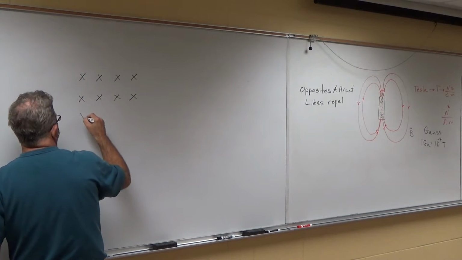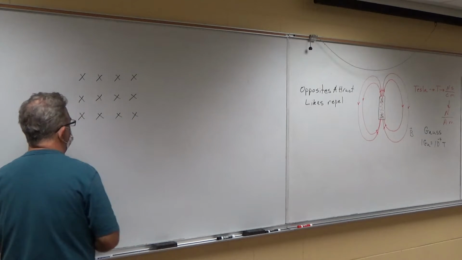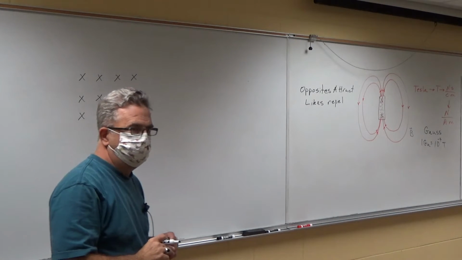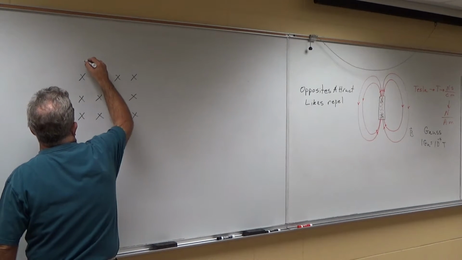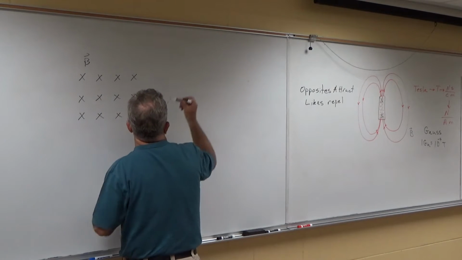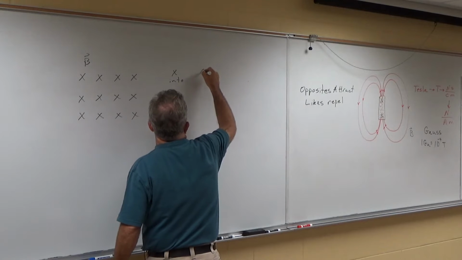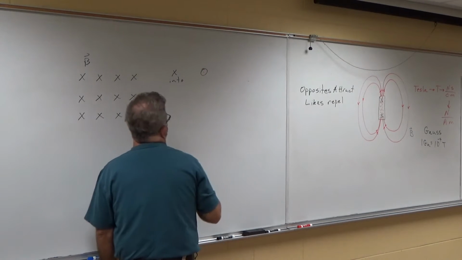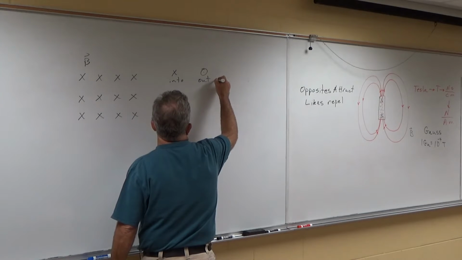They're always closed loops, but you can make uniform fields in a small region. So the little x's mean that the field is into the board, and an O with a little dot, or just a dot, is out of the board.